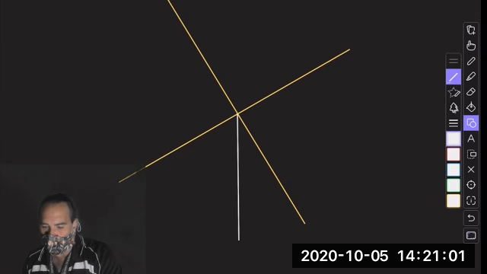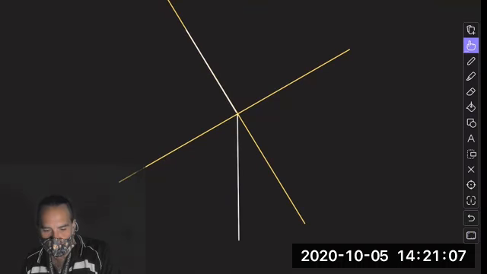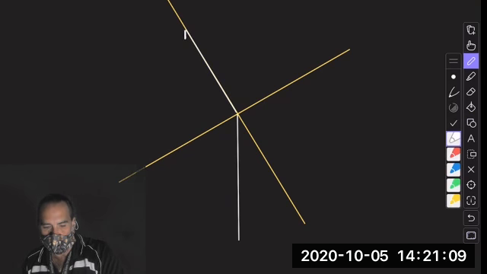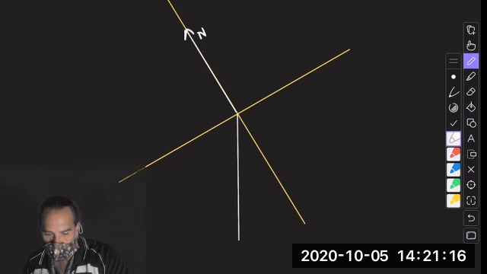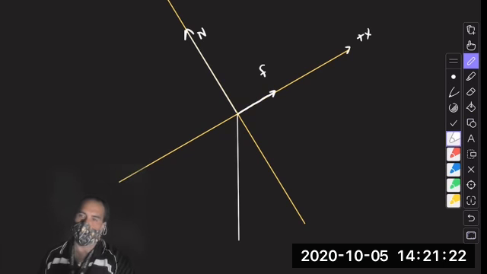The normal force has to be directed in this direction. We lined up the coordinate system to be lined up with the normal force. So the normal force and the positive y are lined up together. That's purposeful. And friction is lined up specifically to be in the positive x or negative x direction.